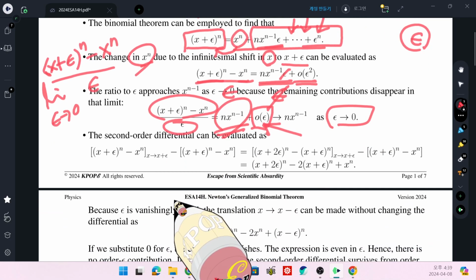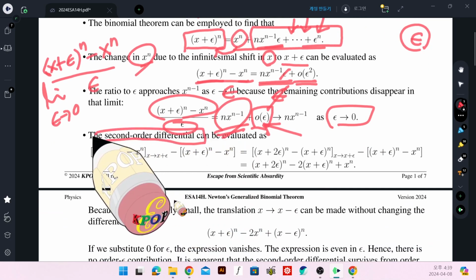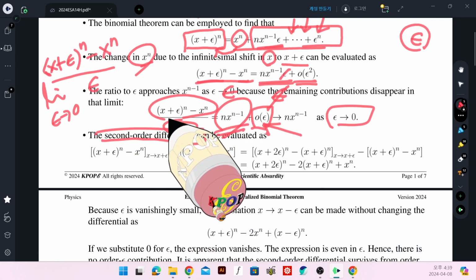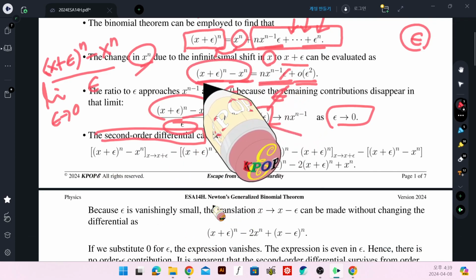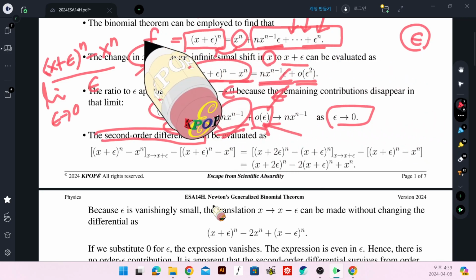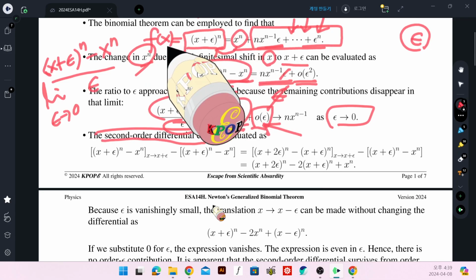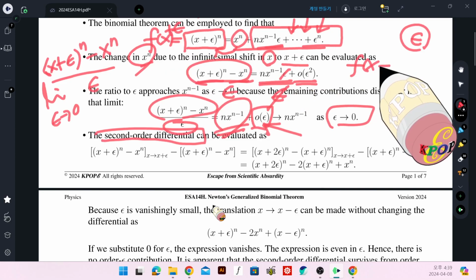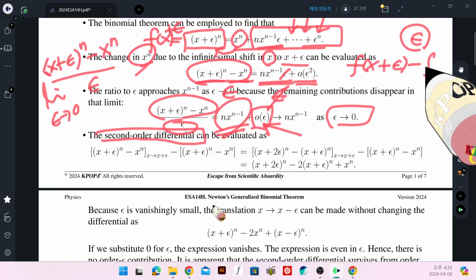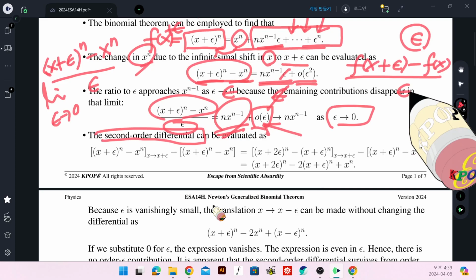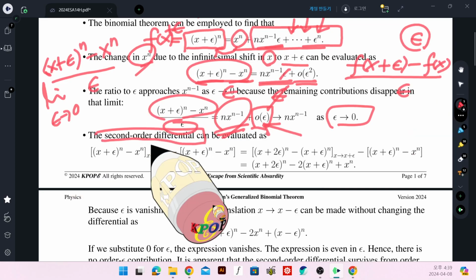What about the second order differential? The second order differential is this. This is the first order differential. That means if I define this one to be f of x plus epsilon, what we have done was this one divided by epsilon. What is the second order derivative?